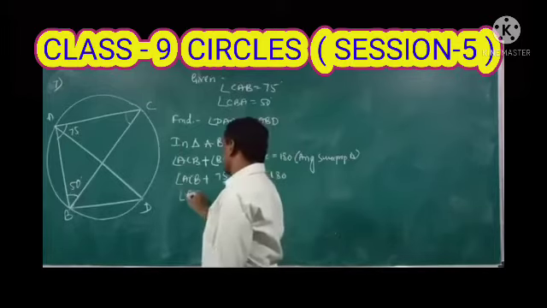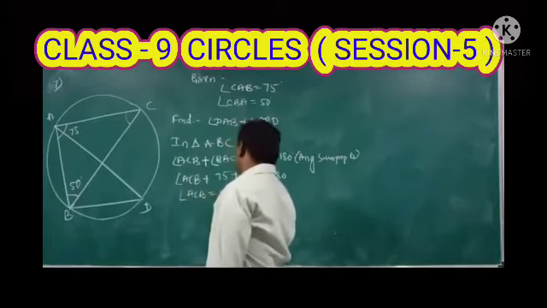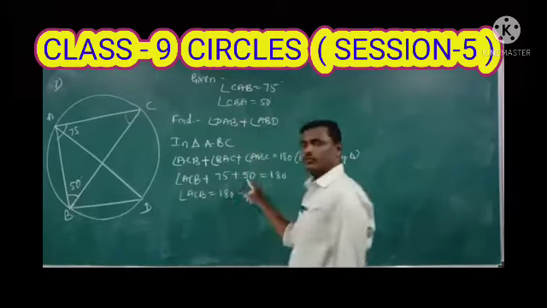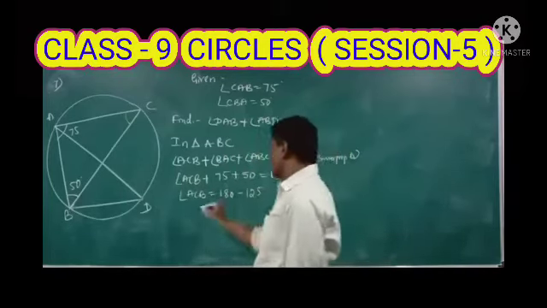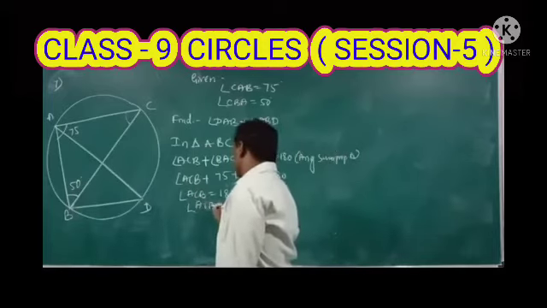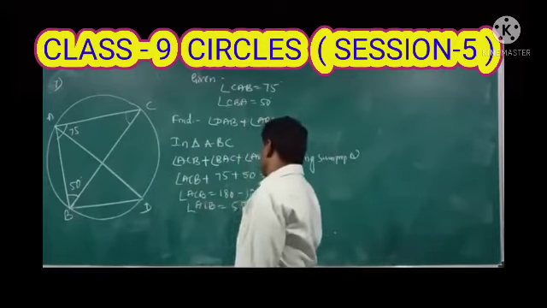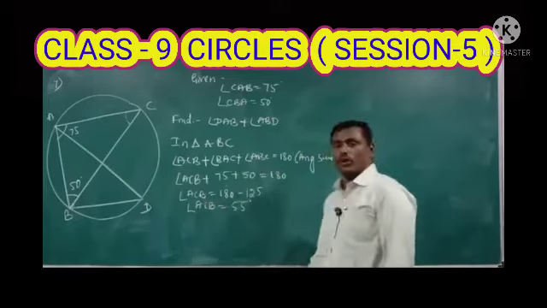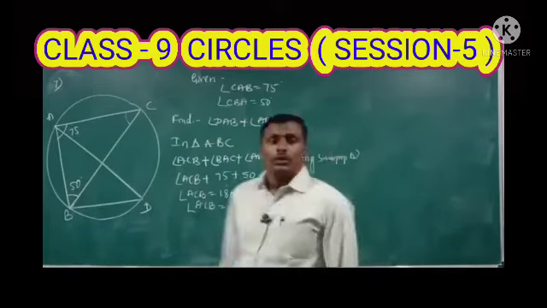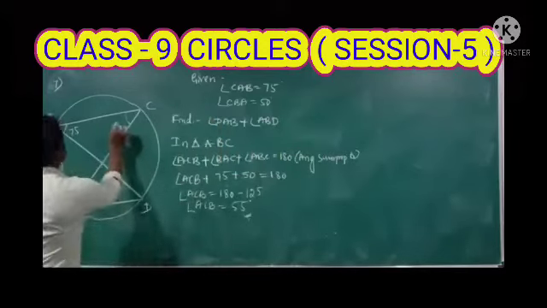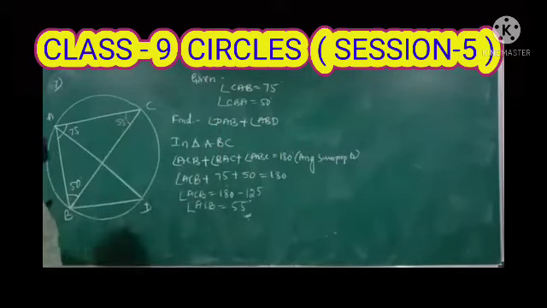Angle ACB is equal to 180 minus 125, so ACB is equal to 55 degrees. So this angle becomes 55, right?